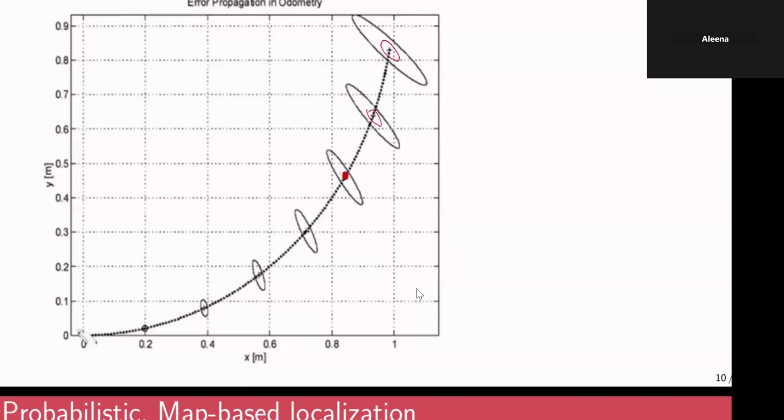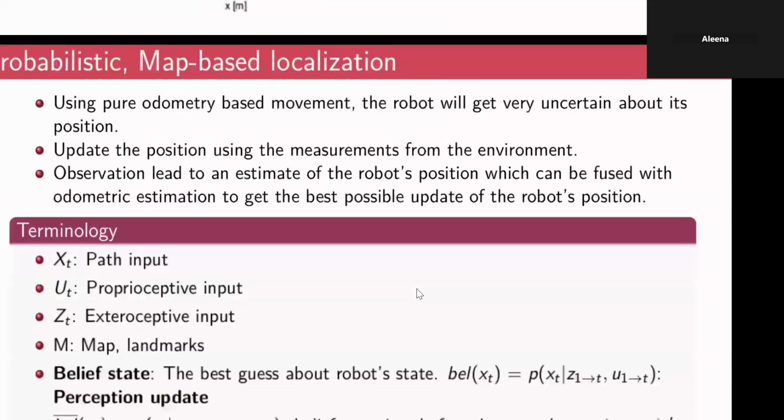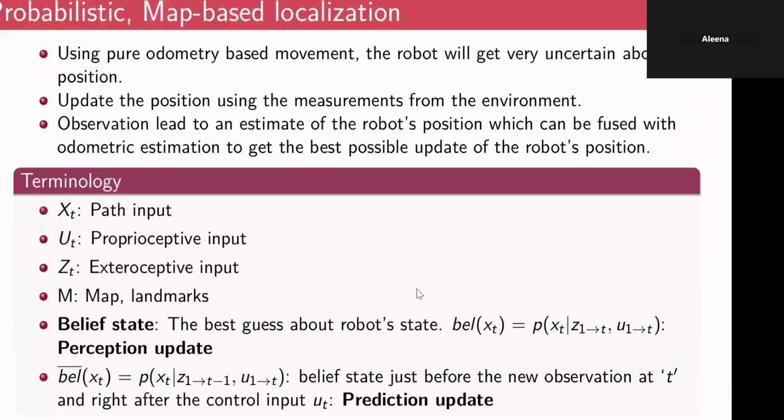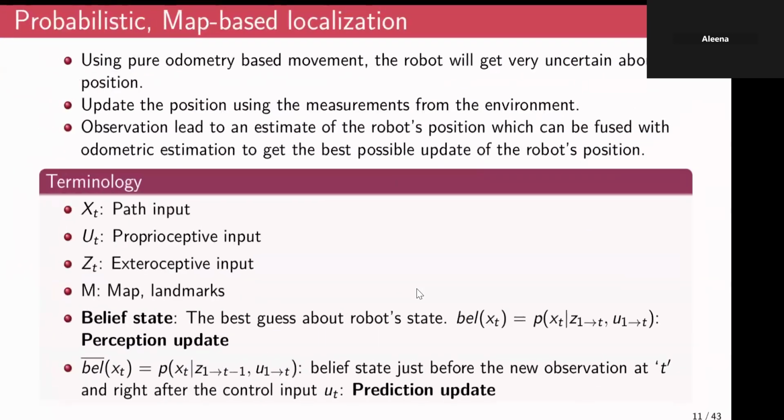And with additional information from the sensors again, whatever accumulated uncertainty it has, it will again improve on its measurements. So now we will see how we can use the sensors to reduce its uncertainty.